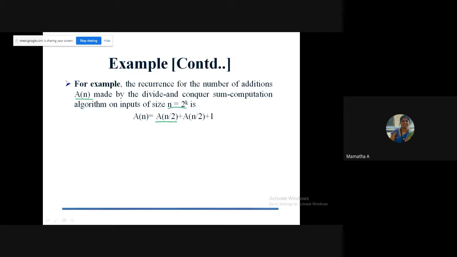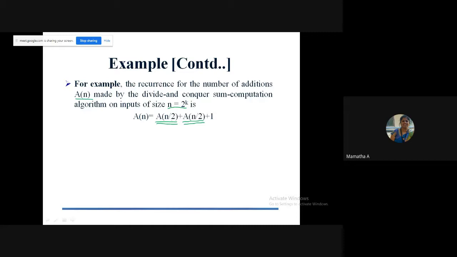Number of additions made to compute the first subproblem, plus the next A of n by 2, number of additions made to compute the second subproblem.